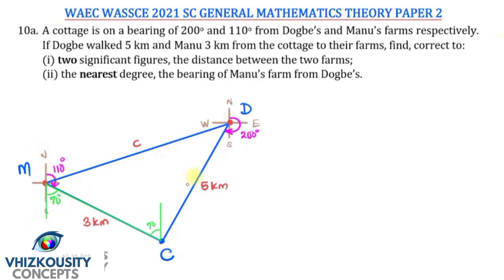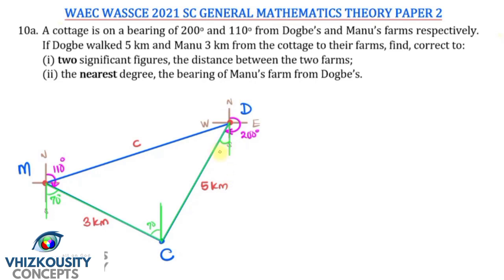Interestingly, from D also we can have this straight line from the south, inclined to this particular point C, and then again we can take it up. This angle here will be 200, that is from north to the inclination of C from D, minus 180, which is from north to south.